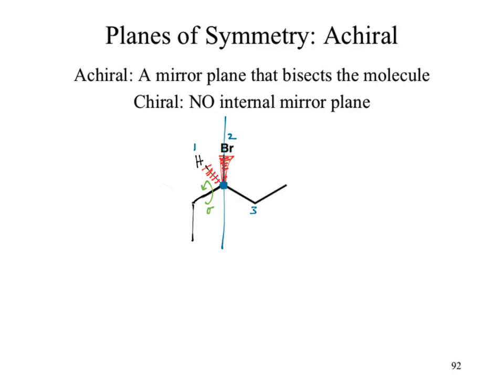So you need to be able to evaluate a step beyond just looking for internal mirror planes, because sometimes it's easy, sometimes it's not. That's where you can go through and identify those four different things. Those four distinguishable groups does not mean the molecule is chiral. You can have a molecule without a chiral carbon, but still be chiral. What? That's impossible. How many carbons are in my right hand?